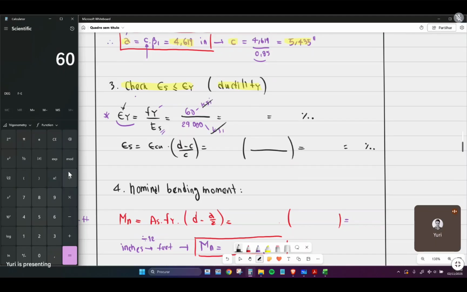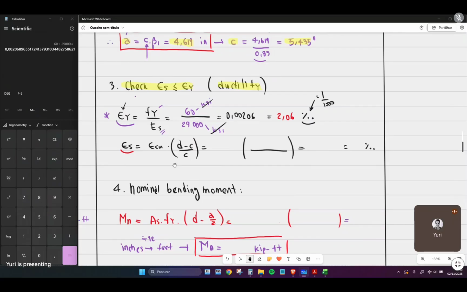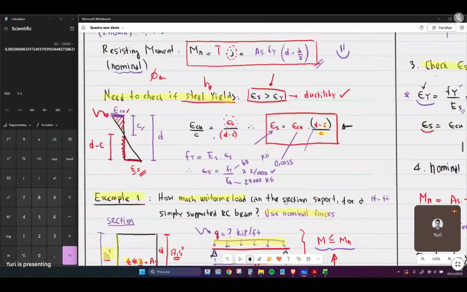So 60 divided by 29,000 equals 0.00206. Multiplied by 1,000, which is the unit symbol that we usually use, this equals 2.06.